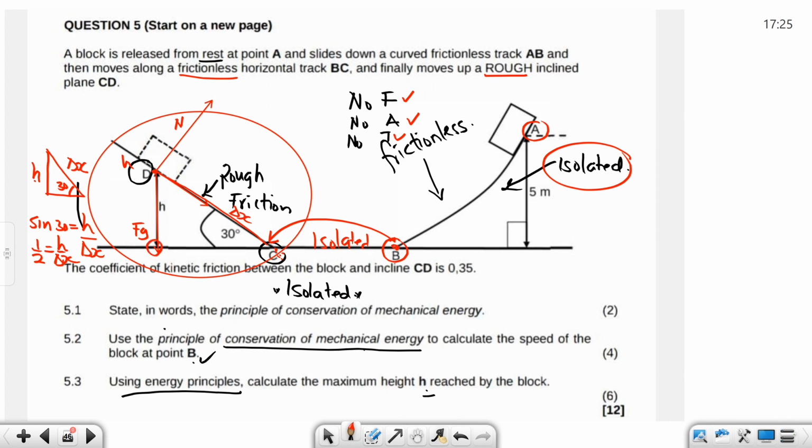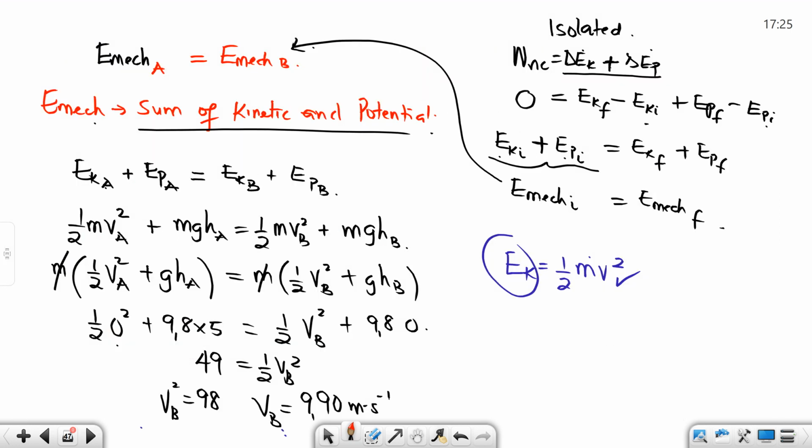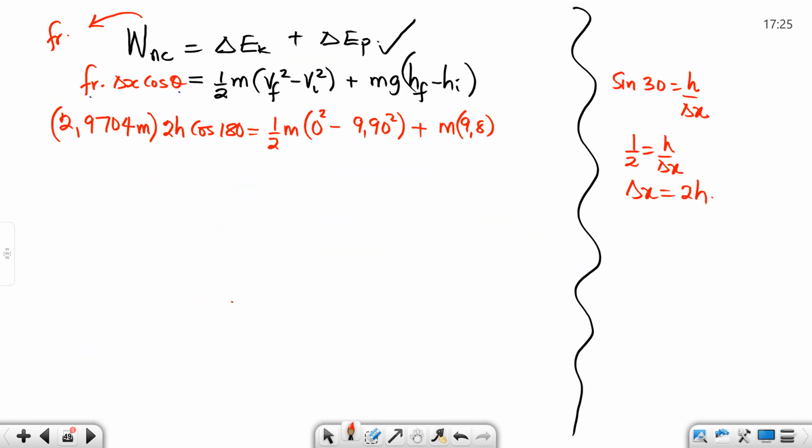My initial height is 0, because it started and moved up. So height H minus 0. Guys, do you notice my M cancels again?